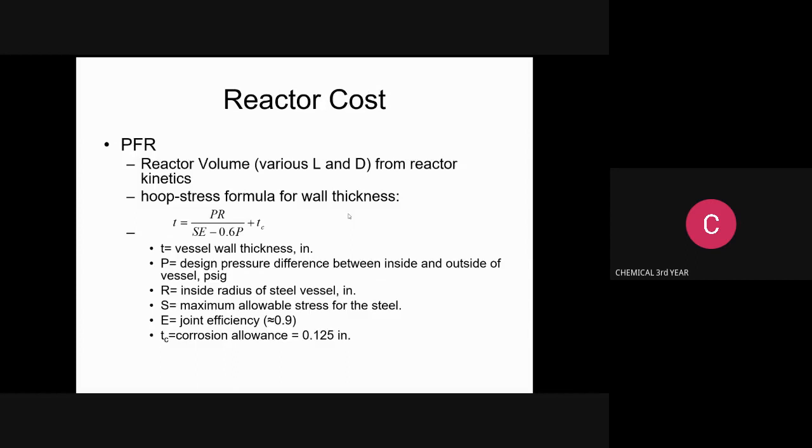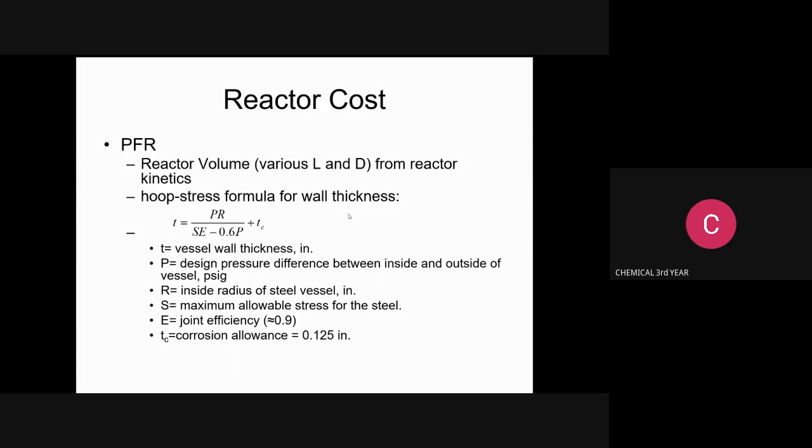R is the inside radius of the steel vessel. Then S is the maximum stress for the steel. Why are we using steel? If the reactor is built of steel, we have to analyze the minimum and the maximum amount of stress allowed in the reactor.